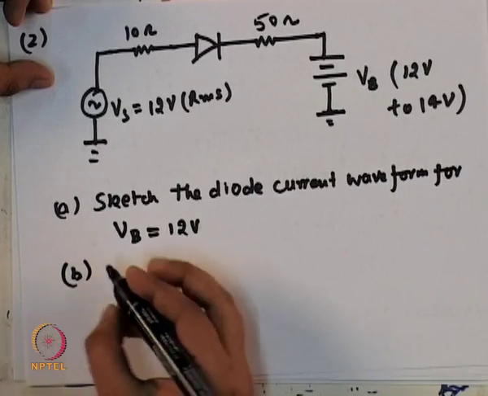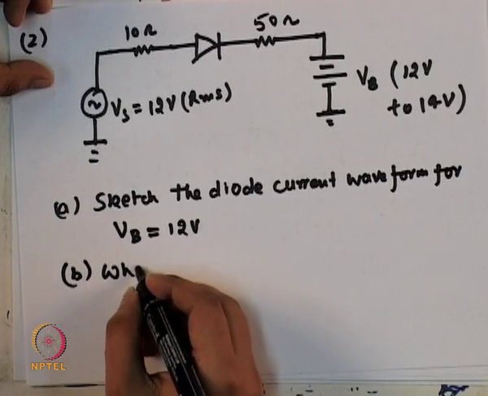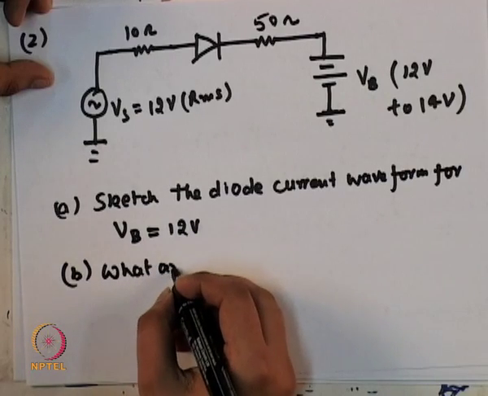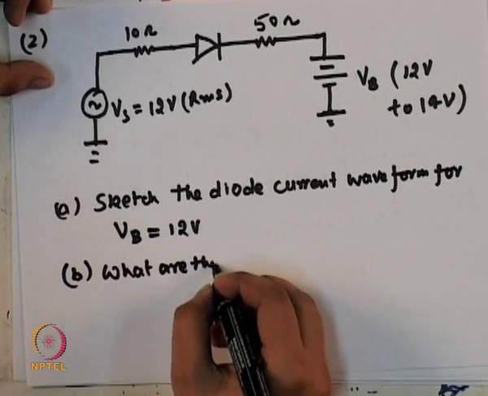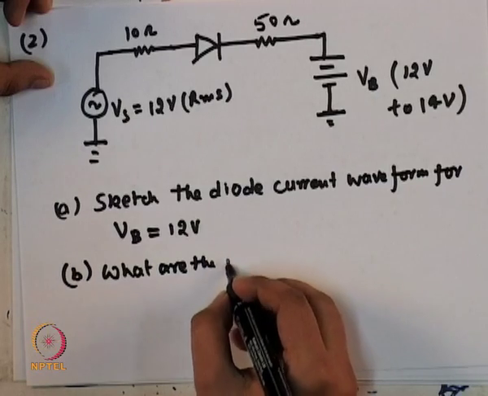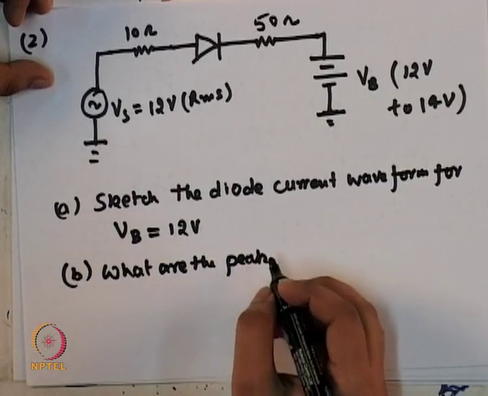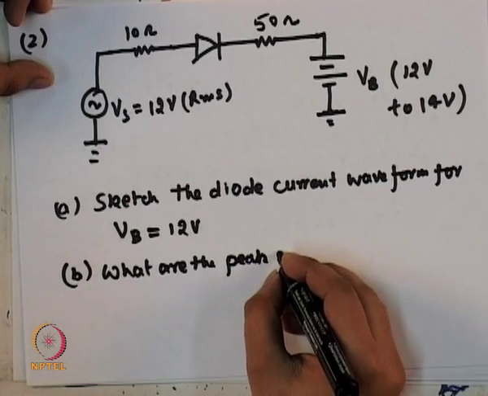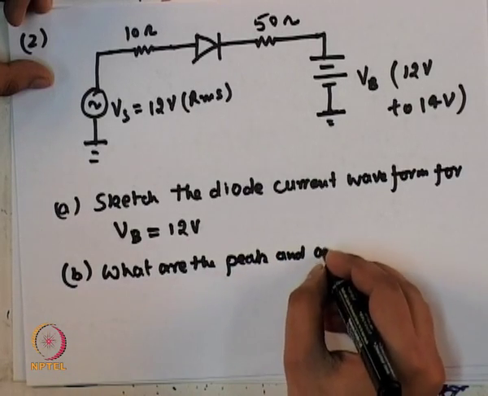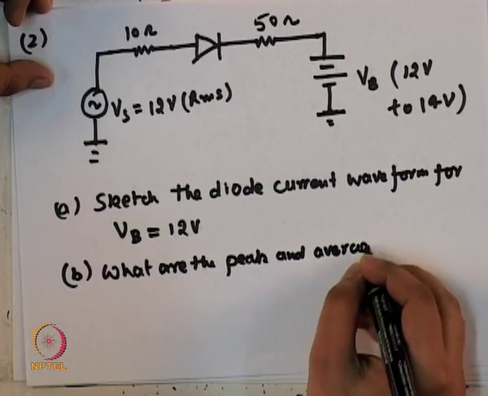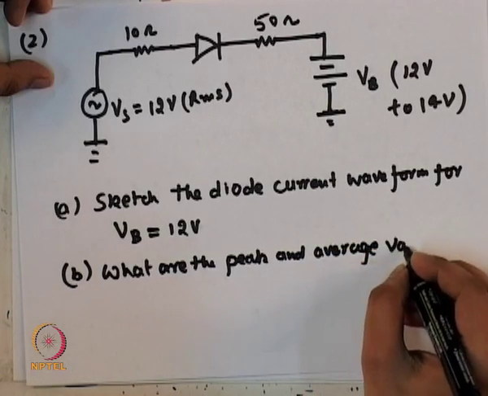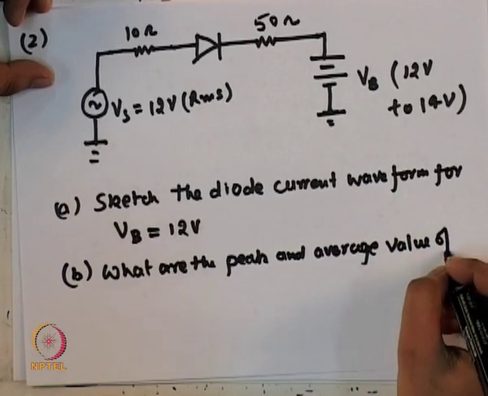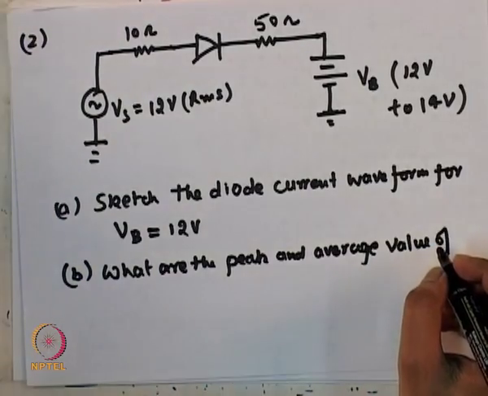Then B part would be, what are the peak and average value of current.